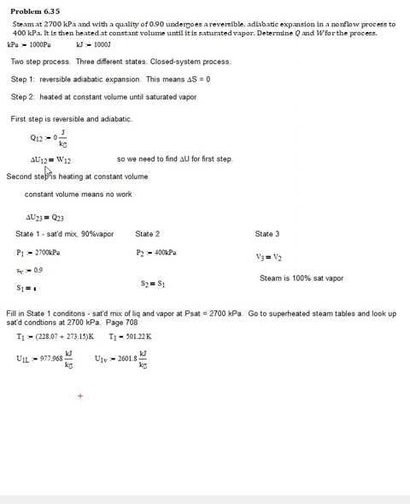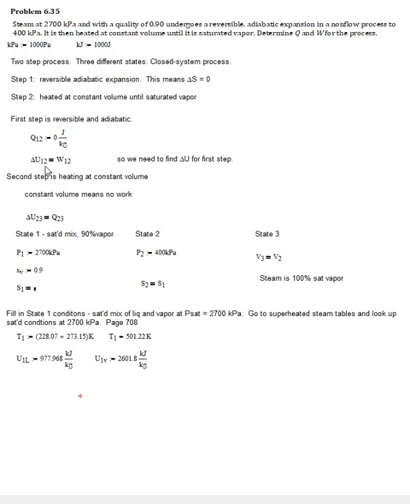Now, this says that we have a mixture of liquid and vapor at 2,700 kilopascals. So you've got two options for looking at the steam tables. The first option might be to say, okay, if I've got saturated steam, I should use the saturated steam tables. And that's fine. There's nothing wrong with that.